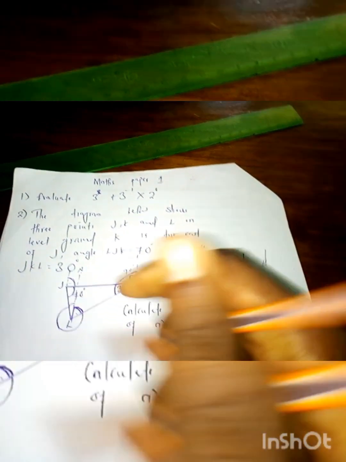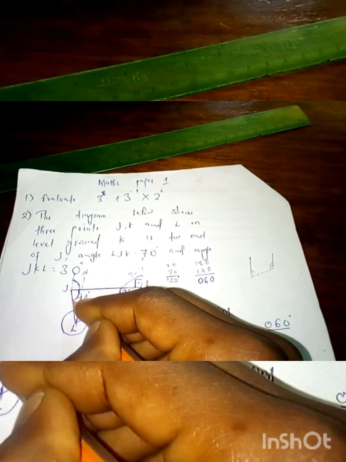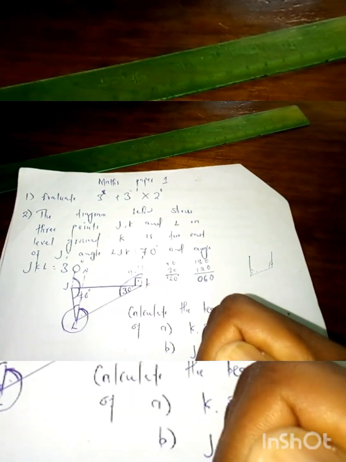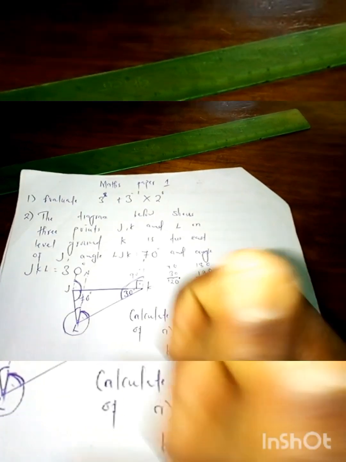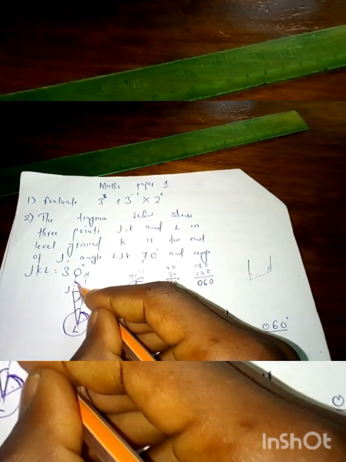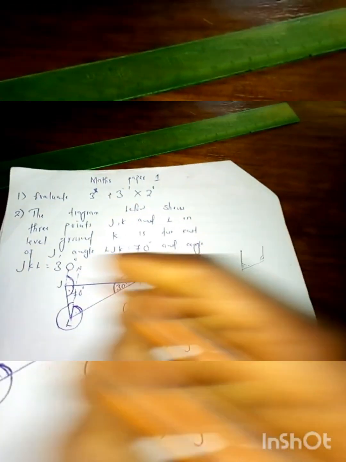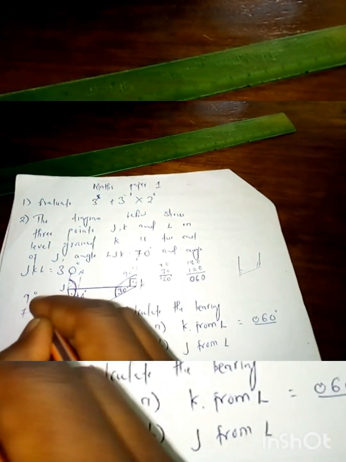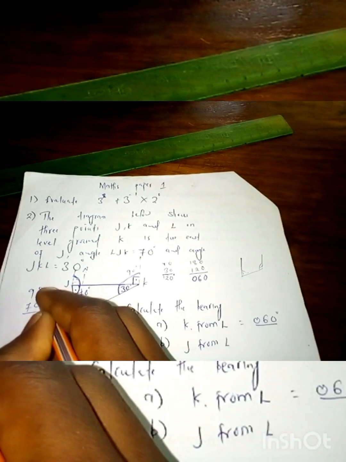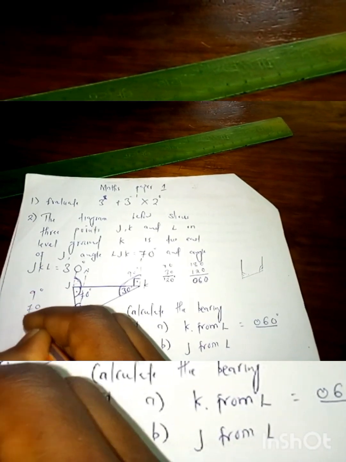This angle from here to here and from here to here add up to 180 degrees also. So this is 90 and this is 70. So 90 plus 70, we're going to find about 160 degrees.